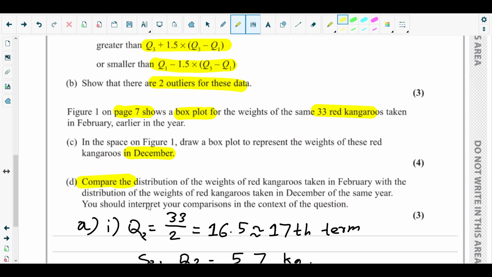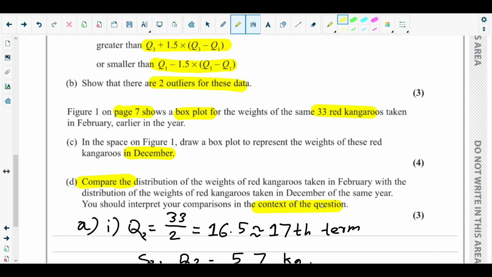You should interpret your comparisons in the context of the question. We will compare statistically, but we will comment based on the context of the question.